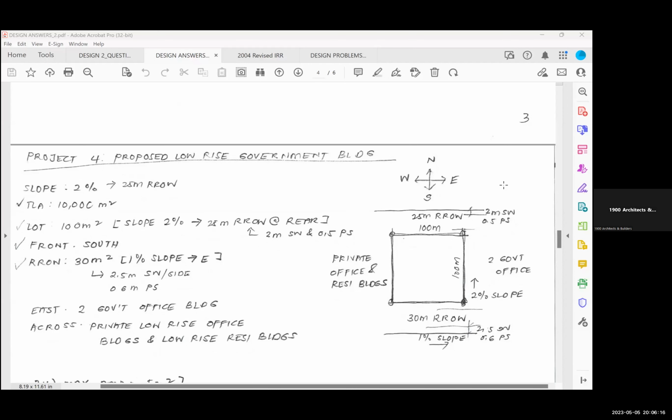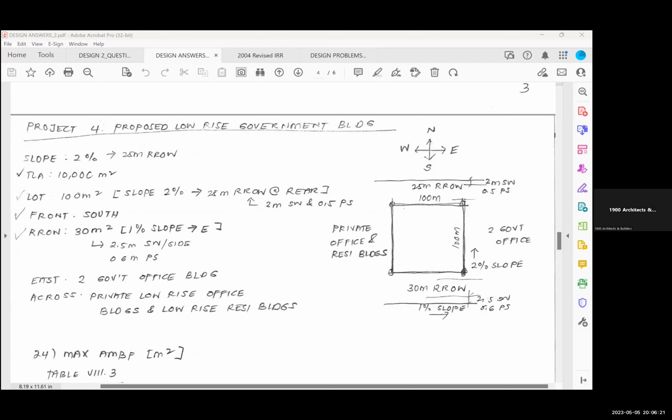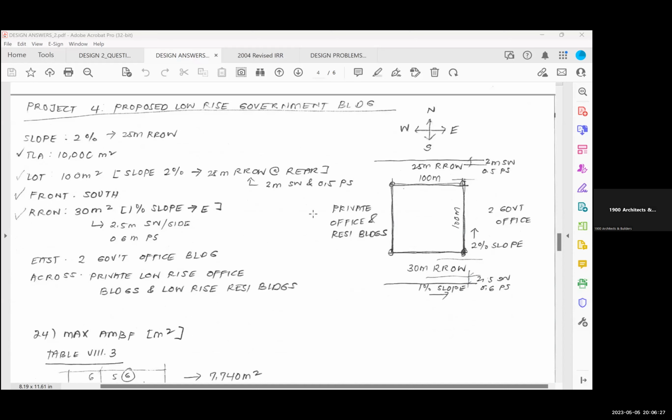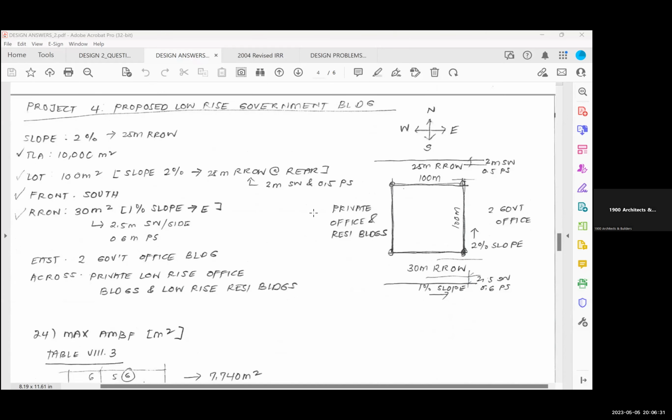Okay, so for project number 4, project title niya is Proposed Low-Rise Government Building. So given at the LA with 10,000, ang binigay dito. So, pinlat natin yung lote, which is 100 by 100. It's a true lot.